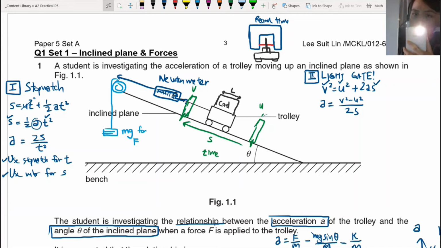The moment you cannot see the light, you start the timer. Then when you can see the light, you stop the timer. Hopefully I did that slow enough. Now just by doing that, taking the time, you can know how fast I move this book. Because you are the light gate.